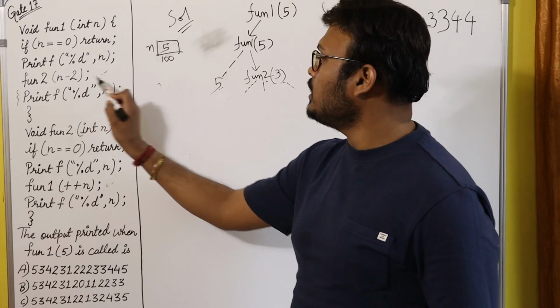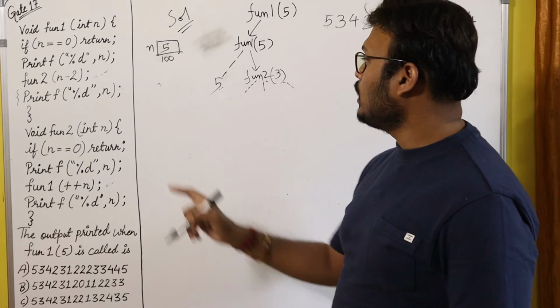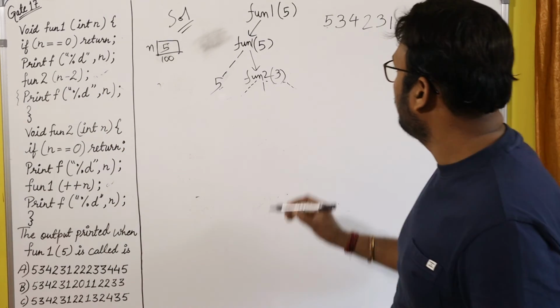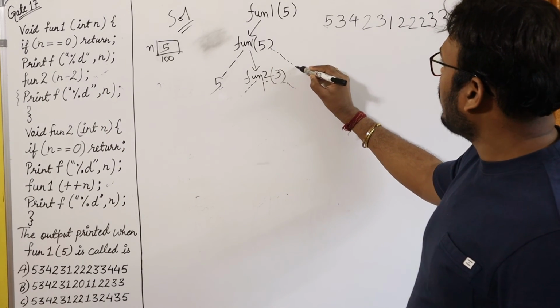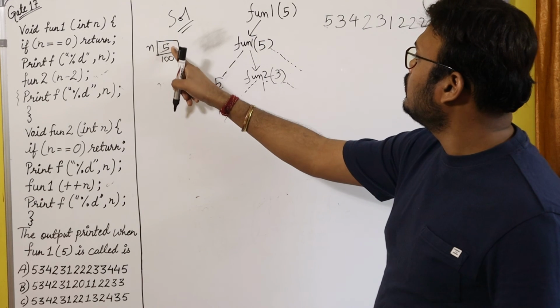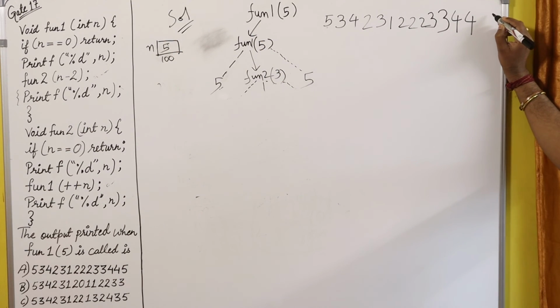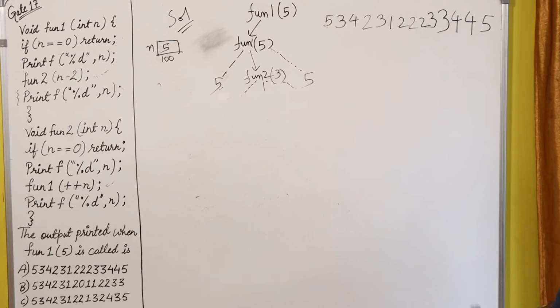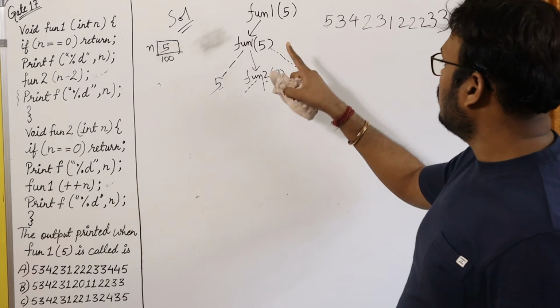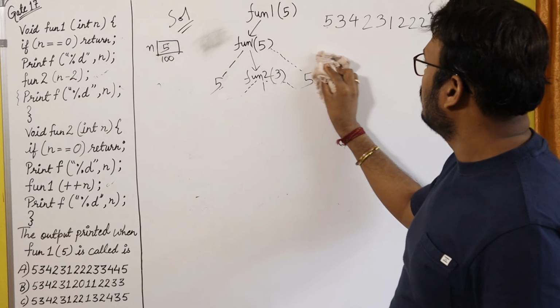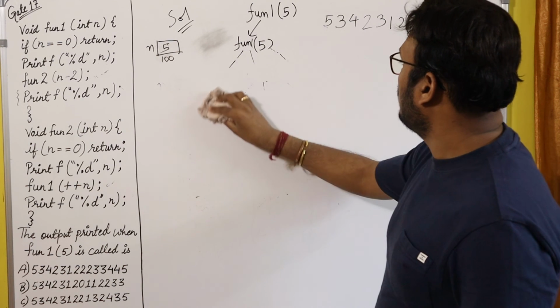This printf statement is left for function 1. So now n will get printed. What is the value of n for function 1? It is 5. So let me write here 5. So function 1 is also over. So everything is over.